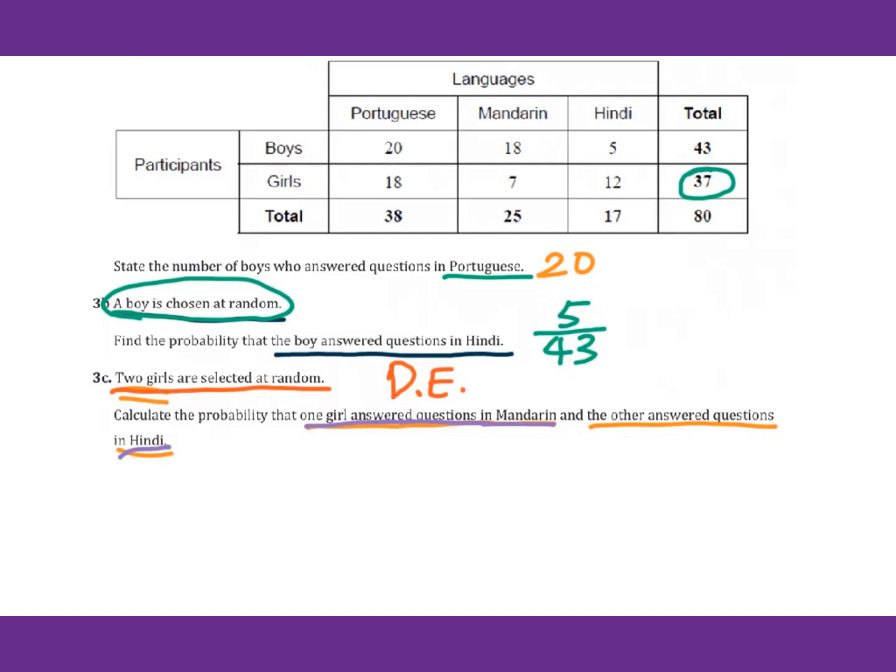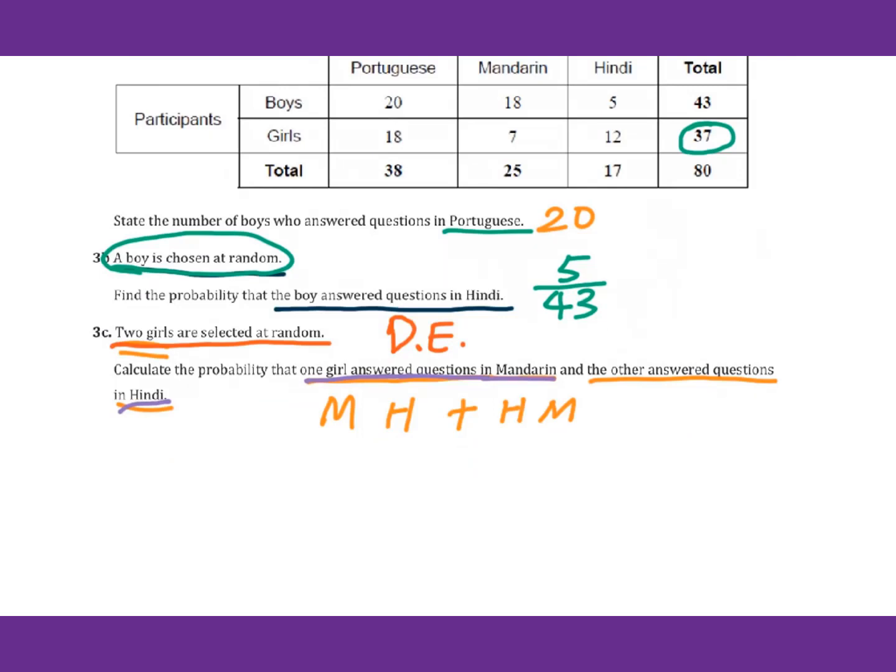If the first girl answered the question in Mandarin, I will do Mandarin and then Hindi. Or, that's me adding, the first one is Hindi and the second one is Mandarin. If the first girl answers a question in Mandarin, you will get 7 over 37 times Hindi, that is 12 over 36.